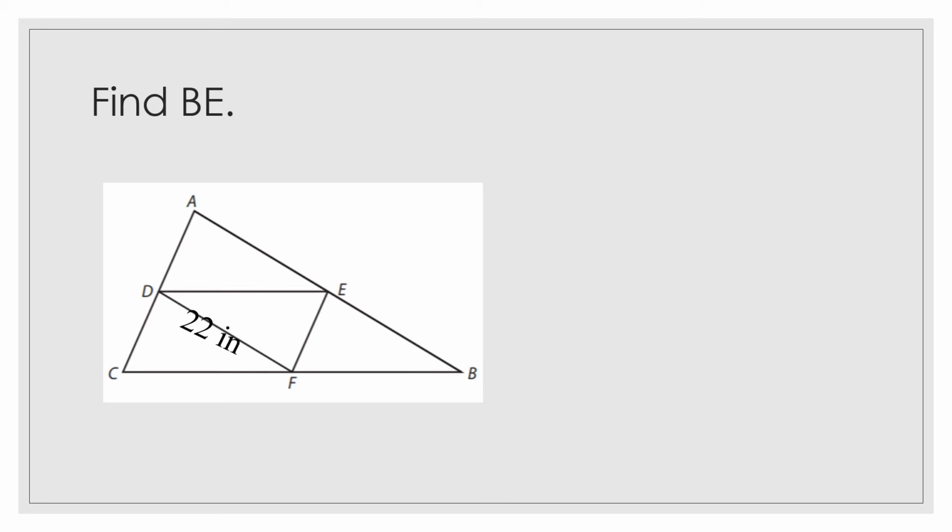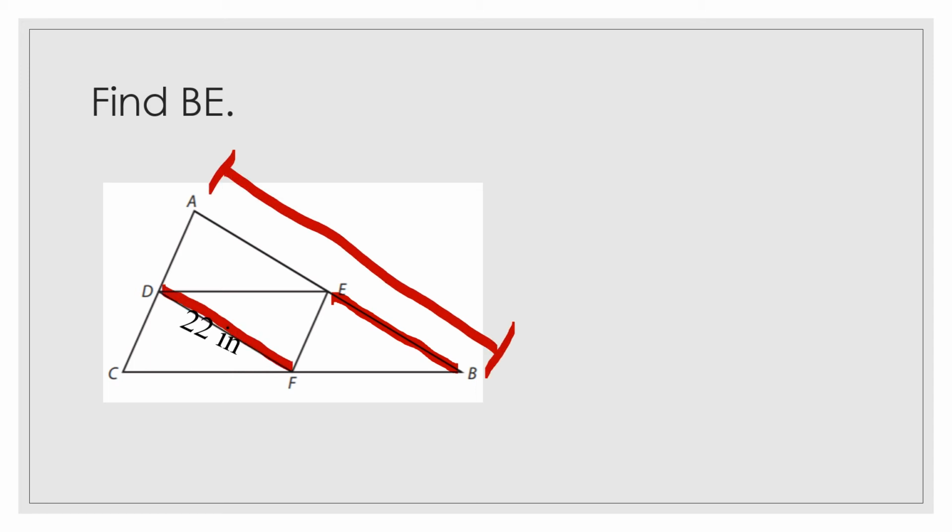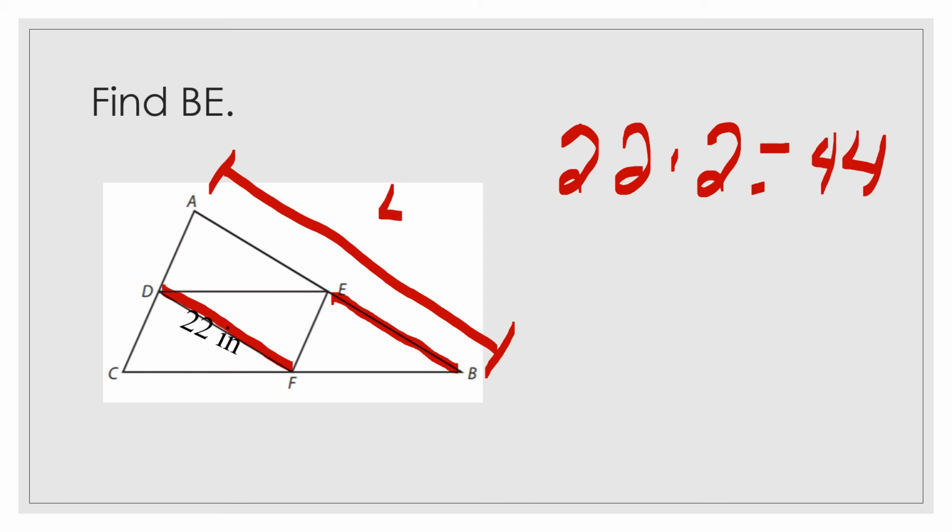In this one, we want to look for the length of segment BE, which is part of the entire base. The midsegment of this triangle is 22. So if we take 22 and multiply by 2, we'll get 44. The entire base is 44 units long. Therefore, if E is the midpoint, these two segments are congruent.